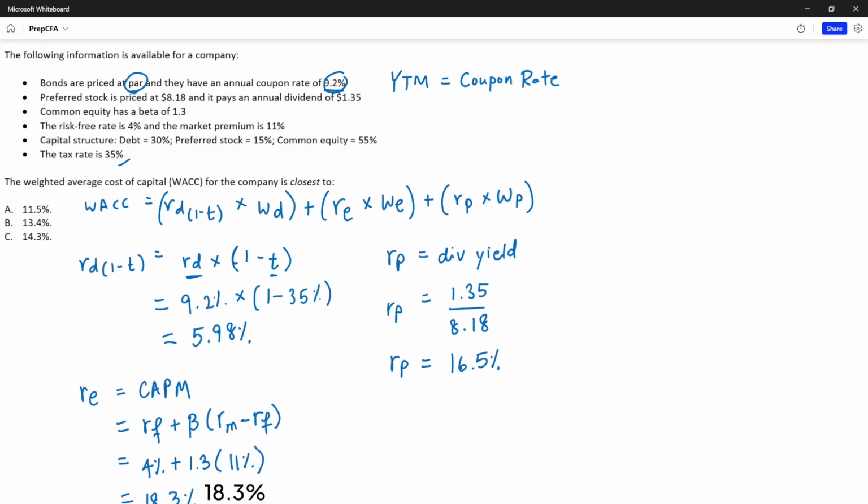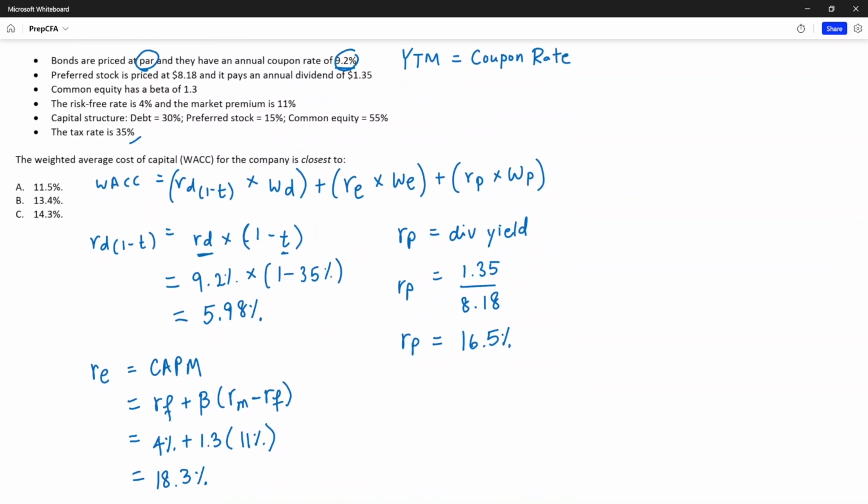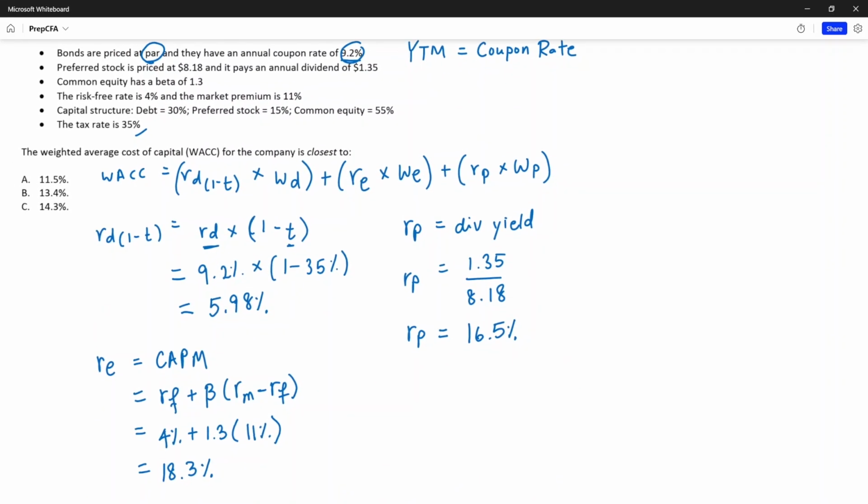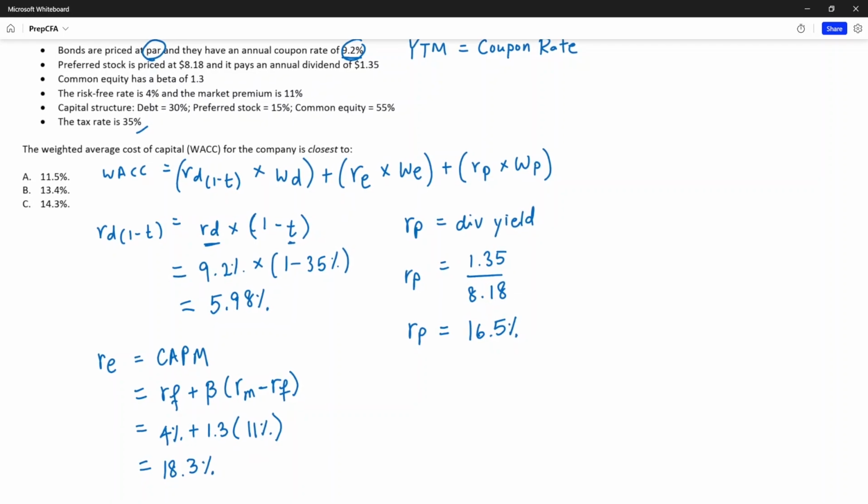So now we have all the information we need to calculate WACC. And so we can simply plug in the numbers. We have WACC equals the after-tax cost of debt, 5.98% times the weight of the debt, which is given to be 30%.